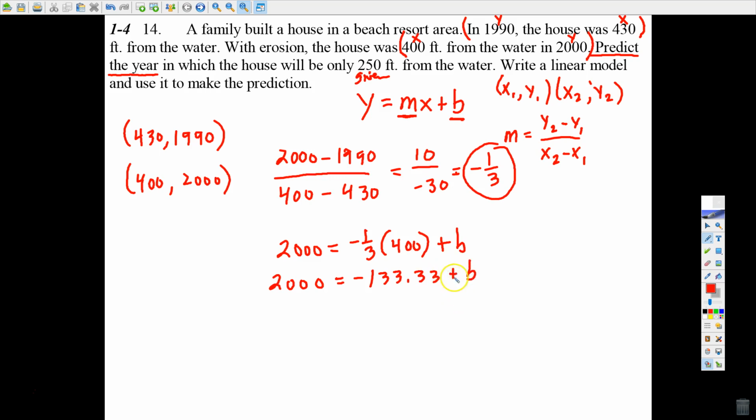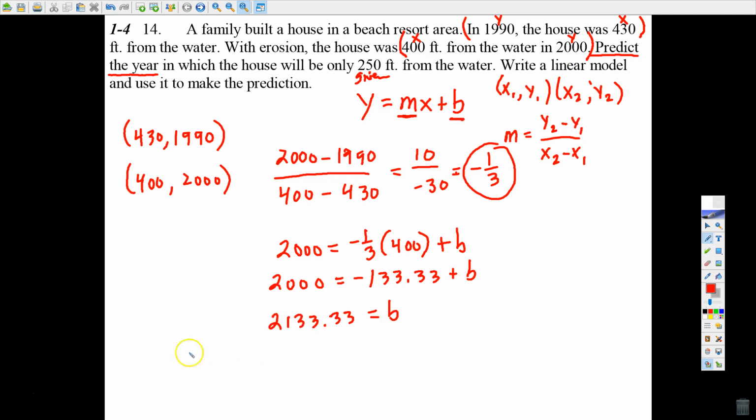Plus b. And now it looks pretty easy to solve for b. I'm going to add 133.33 to both sides, and I get 2133.33 is my b. And now I've got all I need to write the linear model.